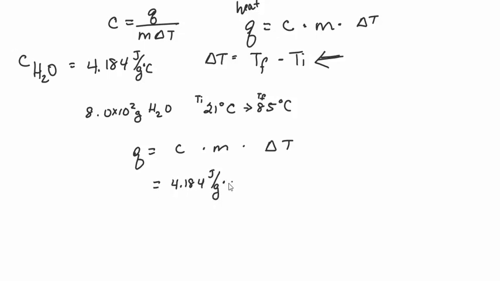Now, if you can't remember this equation, the units should lead you to the answer because our heat will be in joules. So we need to multiply it by something to get rid of the grams and the temperature, the degree Celsius. So I multiply it by my mass, 800 grams.